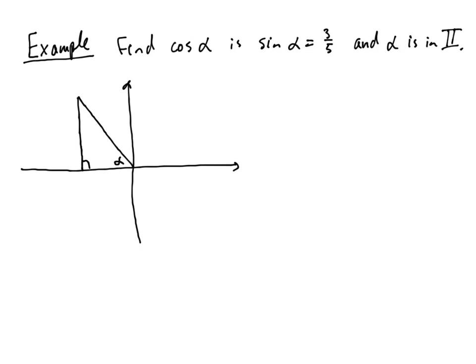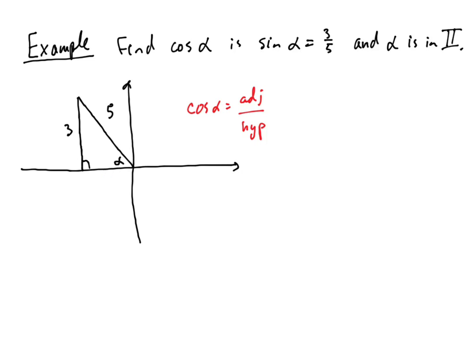Sine is opposite over hypotenuse. Cosine of alpha is going to be the adjacent side over the hypotenuse. We don't have the adjacent side yet.